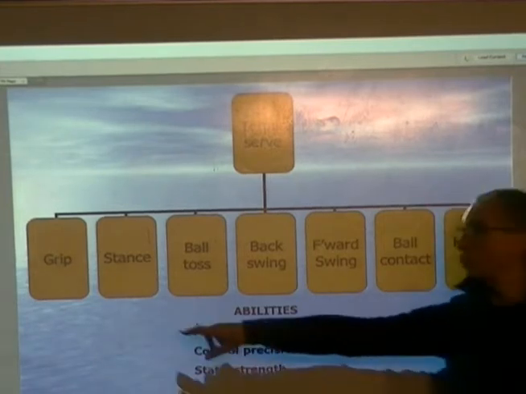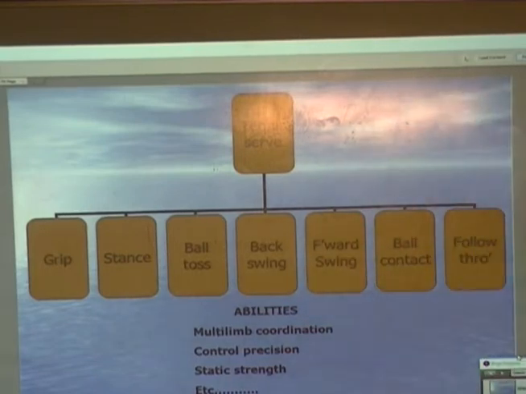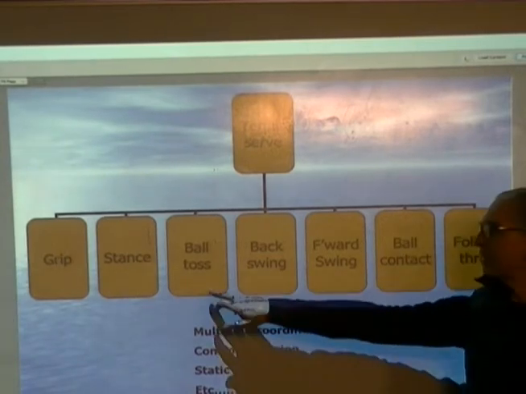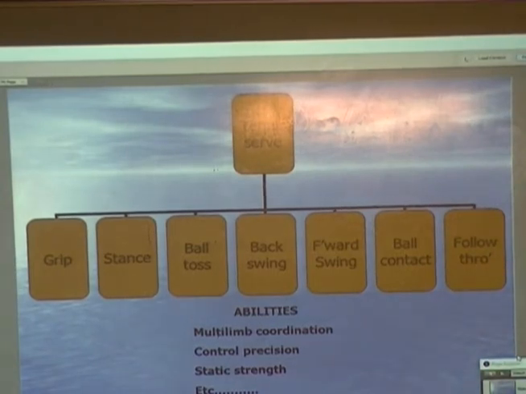So grip would be important, because if my tennis racket goes flying out of my hand as I swing my arm back, I'm not going to be very good at a tennis serve. Can I toss the ball consistently with my non-dominant hand?